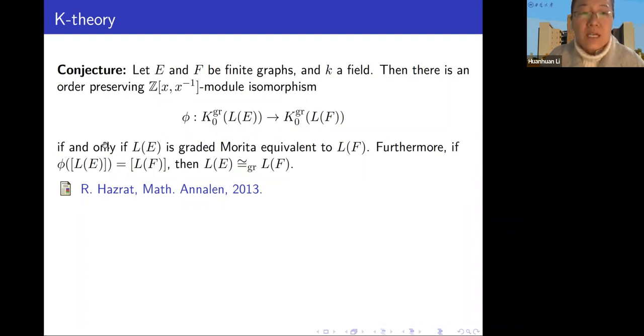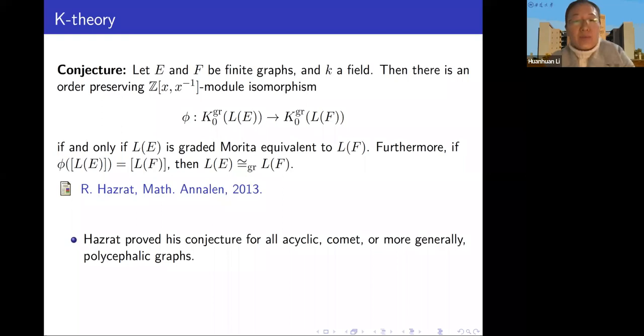Then that means, if and only if, the Leavitt path algebra of E is graded Morita equivalent to L(F). And furthermore, if this phi sends L(E) to L(F), then the conjecture says that L(E) is graded isomorphic to L(F).